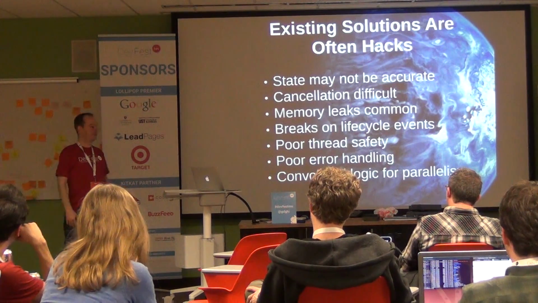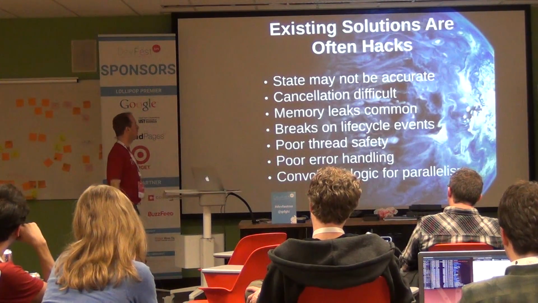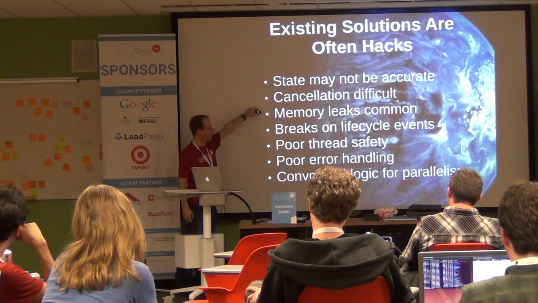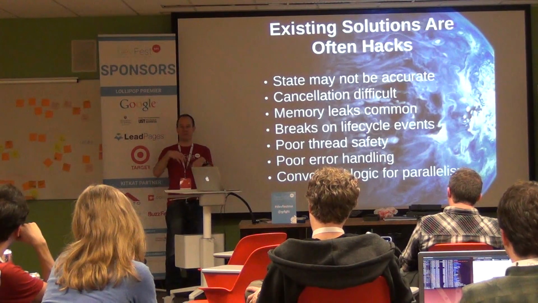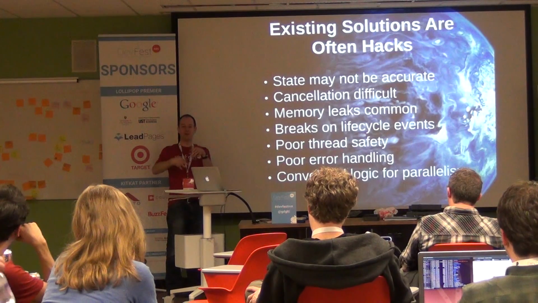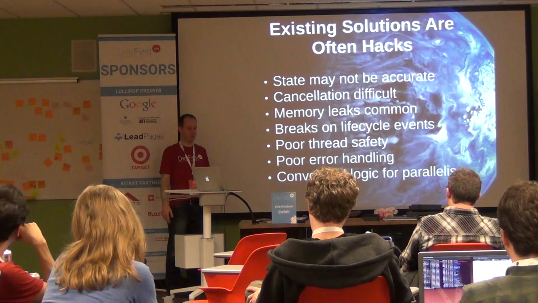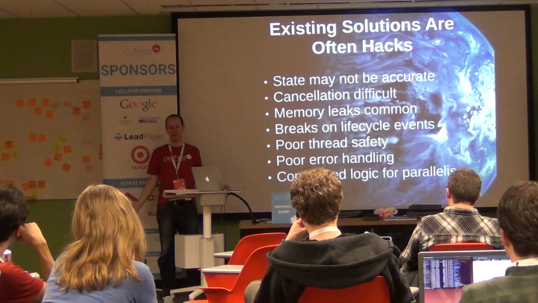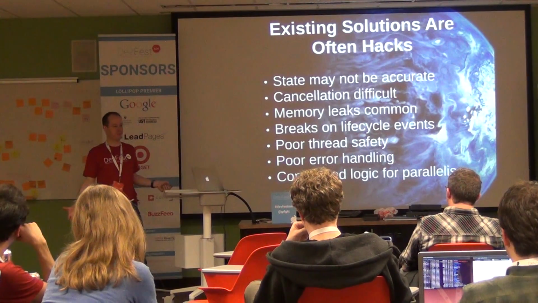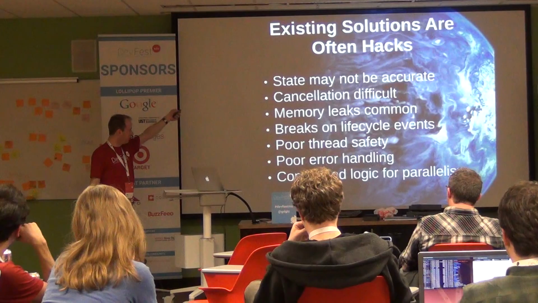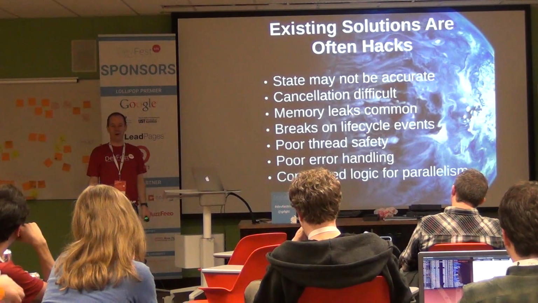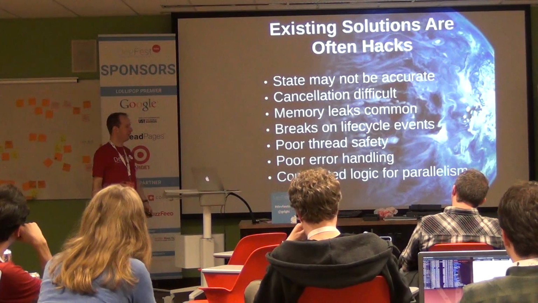With AsyncTasks you can also get memory leaks if you create your AsyncTask as an inner class within another class, which a lot of new programmers do all the time. It's something we always see when we pick up legacy code that somebody else wrote: everyone uses AsyncTasks wrong. They're scary, they're a mess.